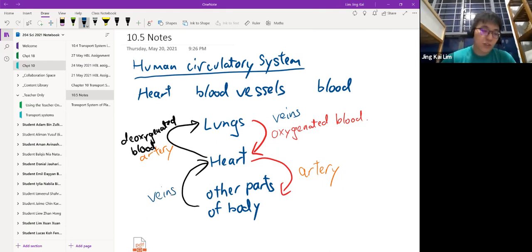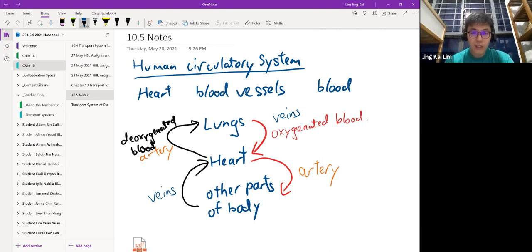Veins are specially designed to make the blood go back to the heart because they have a special valve that prevents the blood from flowing backwards. This allows the blood to flow into the heart without flowing backwards into the rest of the body.